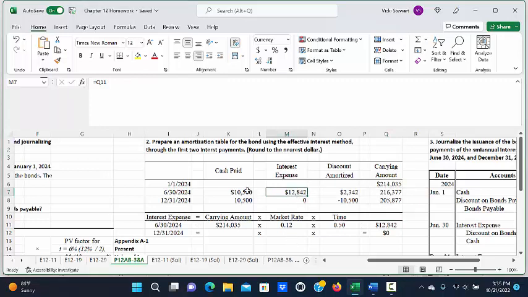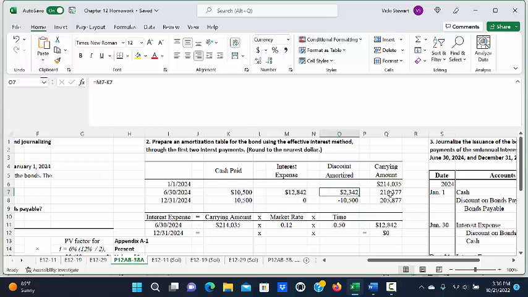Now we subtract from that amount the interest at 7%, or the amount of cash that we're actually paying our bondholders on the face amount of the bonds, $10,500. And the difference is the amortization of the discount. So over the life of the bonds, we will amortize that discount that the bonds were issued at, so that the actual carrying amount at the end of the 10 years would be $300,000, which is the amount that we owe the bondholders.